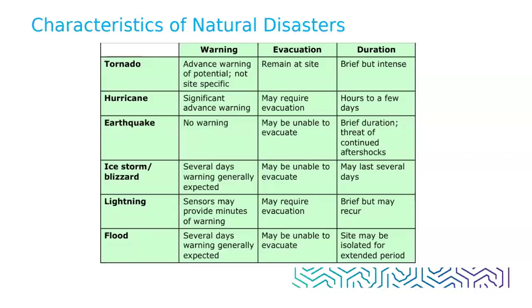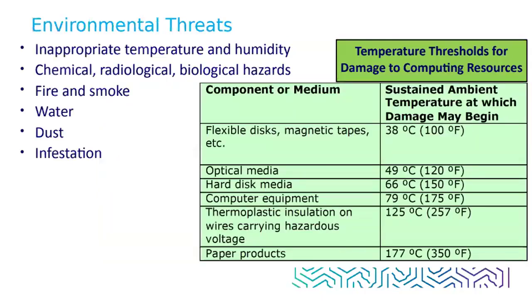So when you understand the characteristics of each natural disaster, as an organization you can improve the disaster preparedness and also the physical security planning. And then the environmental threats.